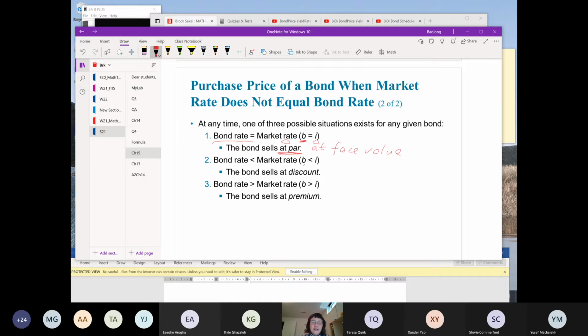When the bond rate is smaller than the market rate, the bond is sold at a discount. When the bond rate is greater than the market rate, the bond sells at a premium.